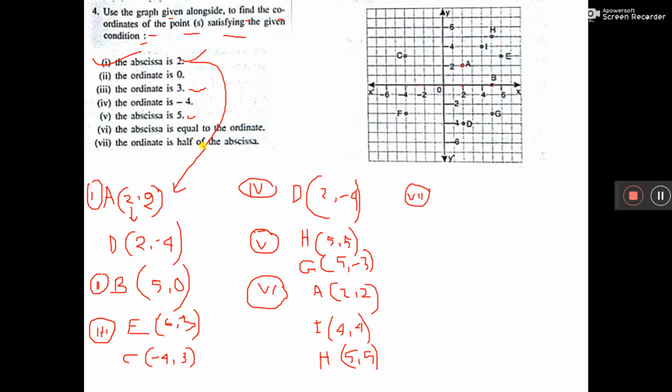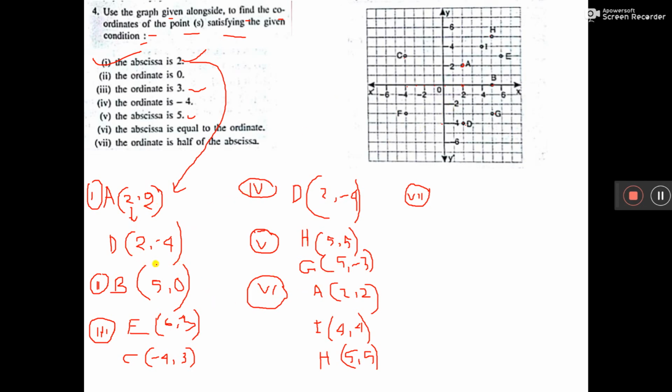Here the ordinate is half of the abscissa. So the ordinate will be half, that means the y coordinate is half. Among the points A, B, C, D, E, F, G, where is F? This point: 1, 2, 3, 4 and 1, 2, 3. So G and F are in the same place.